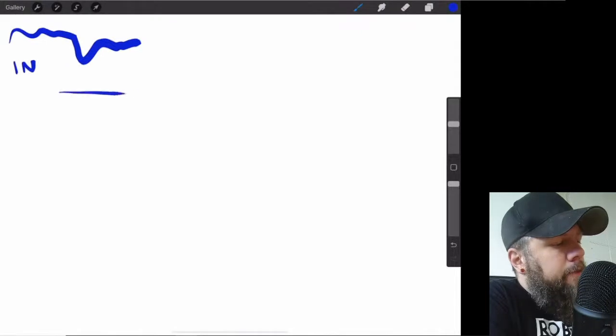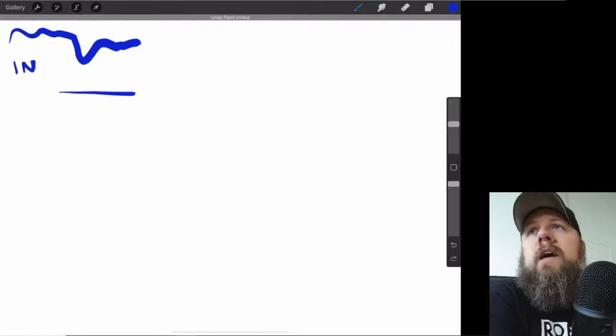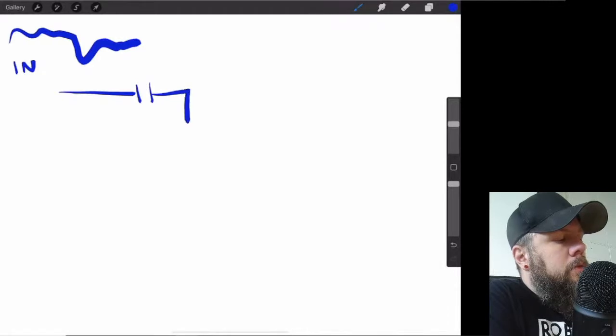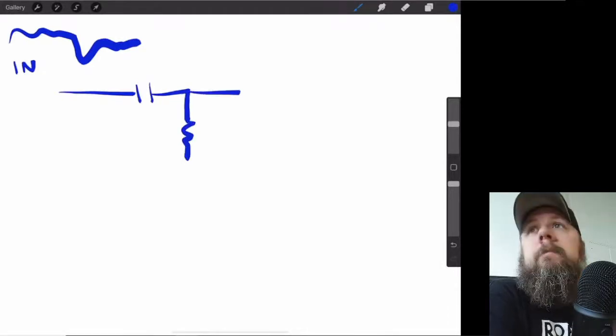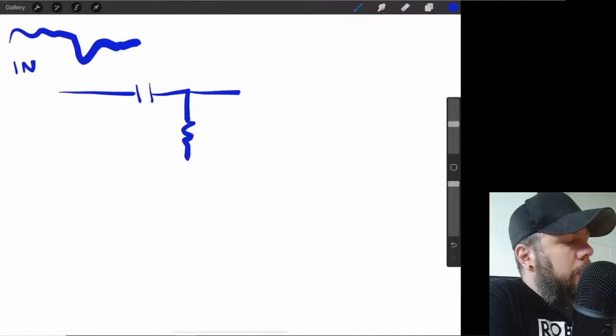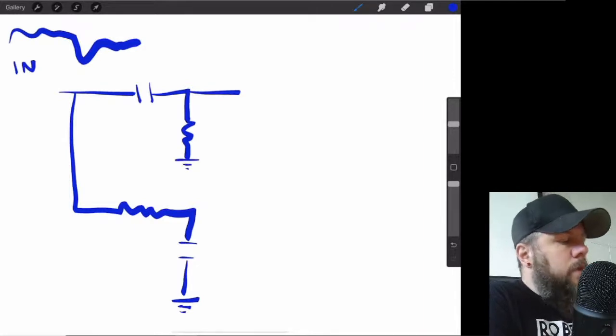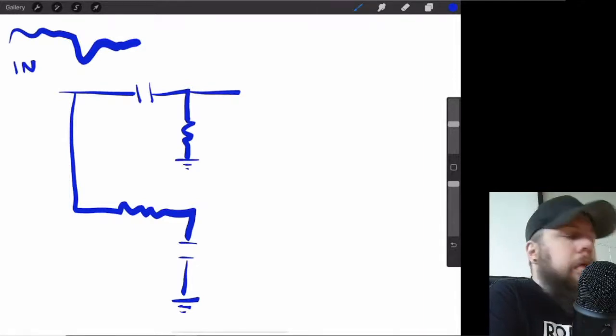Then I put it through, let's put the high pass filter up top, right? All right, so the high pass filter looks like that, right? And then I go down here, I put a low pass filter on. This little symbol right here means ground. I don't want to have to draw a bunch of wires to different places, right?